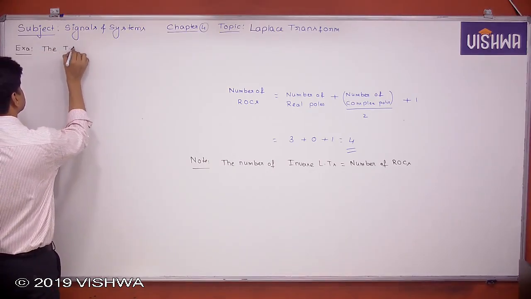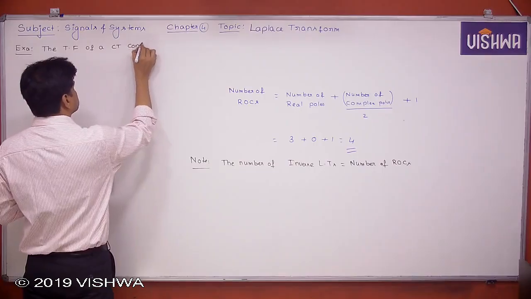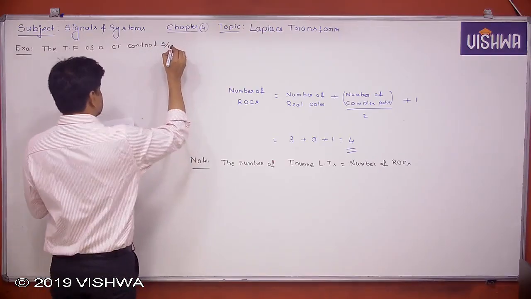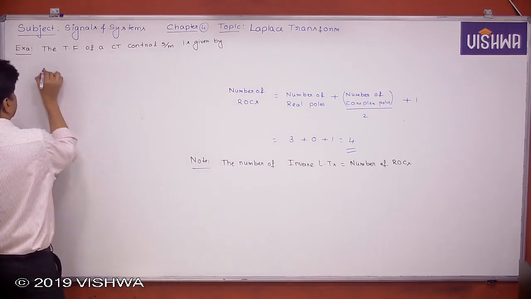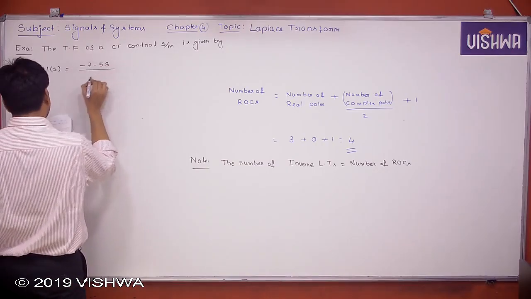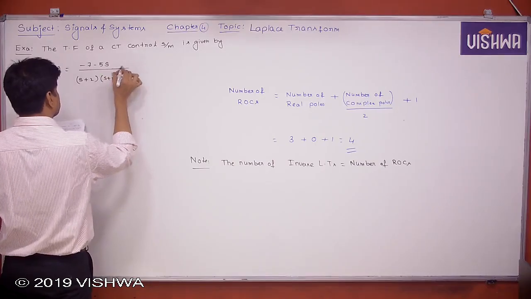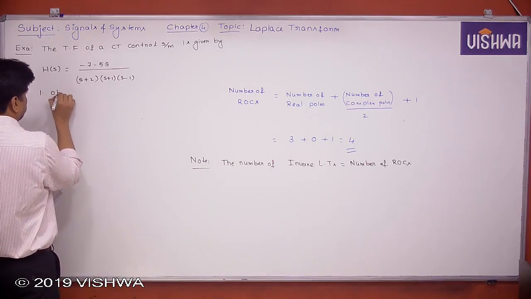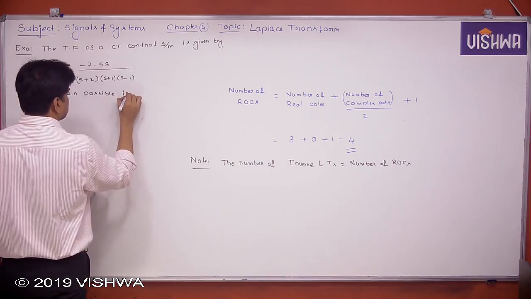Question. The transfer function of a continuous time control system is given by H of s equals (-7 - 5s) / ((s + 2)(s + 1)(s - 1)). Obtain the possible impulse responses.